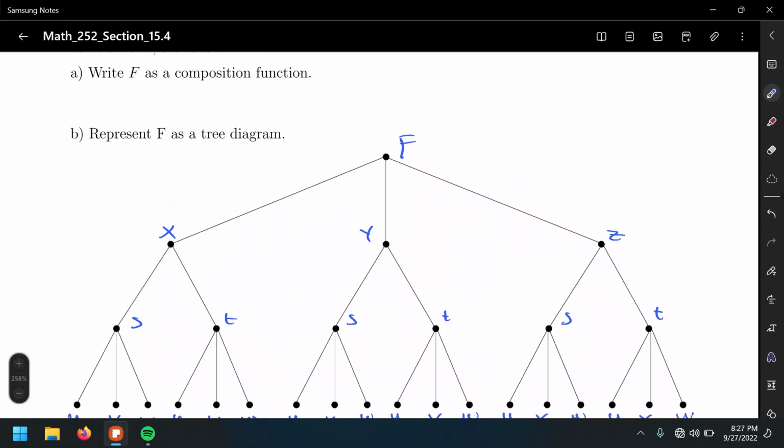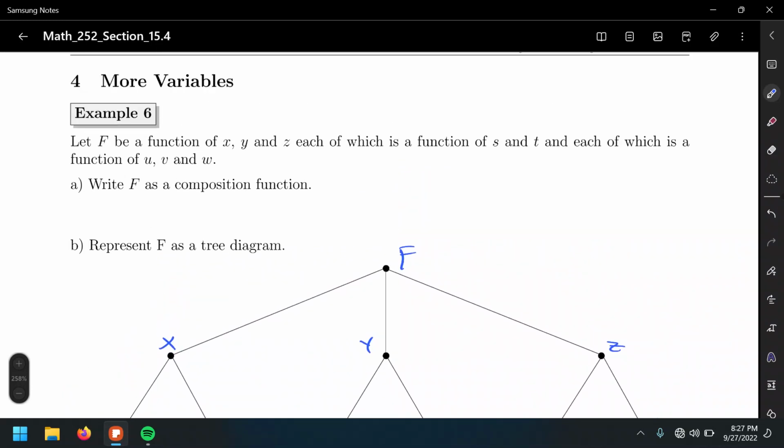Let's write the composition function again like f of g of x, but in this case with all these variables.